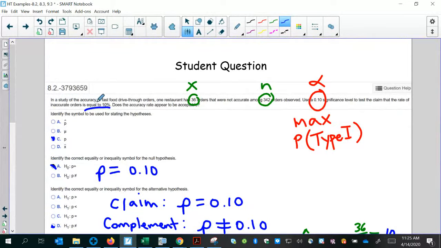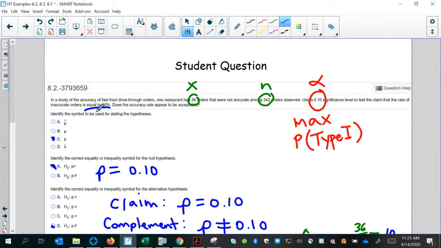In a study of the accuracy of fast food drive-through orders, one restaurant had 36 orders that were not accurate. Okay, so p hat represents the inaccurate orders, and use a 10% significance level to test the claim that the rate of inaccurate orders is equal to 10%.